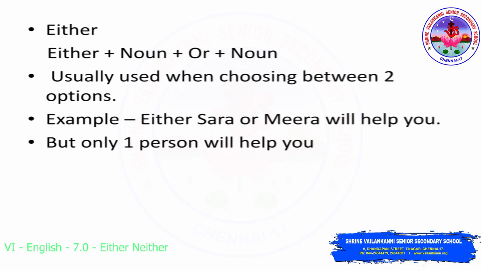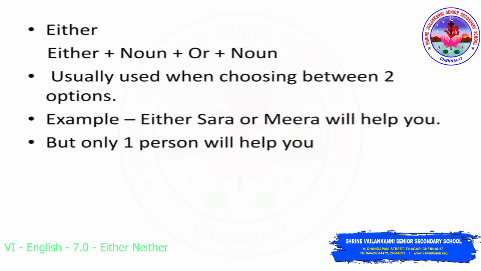Now the structure will be either plus noun plus or plus noun. It is usually used when choosing between two options. Now let's take an example. Either Sarah or Meera will help you, but only one person will help you.